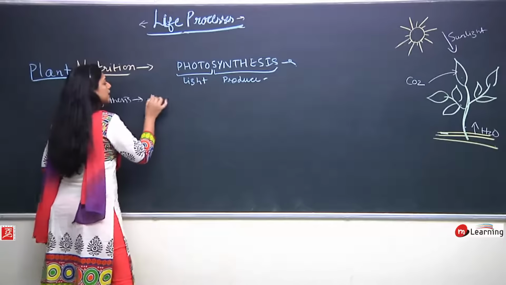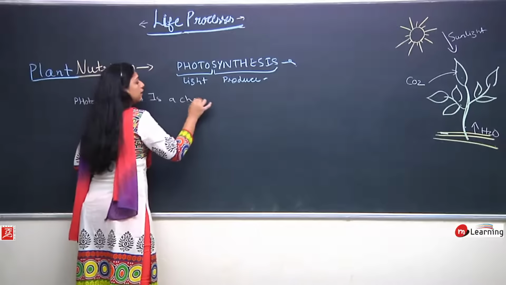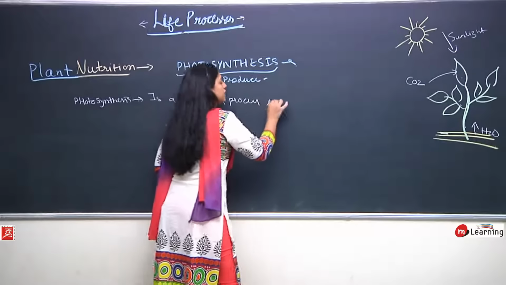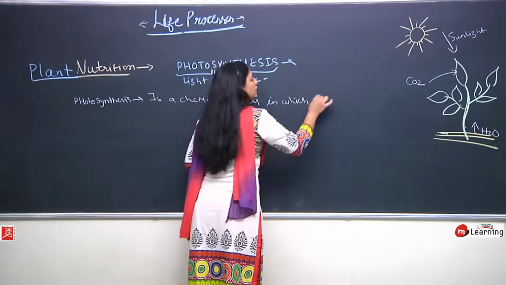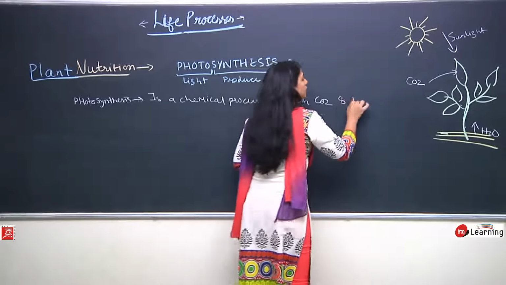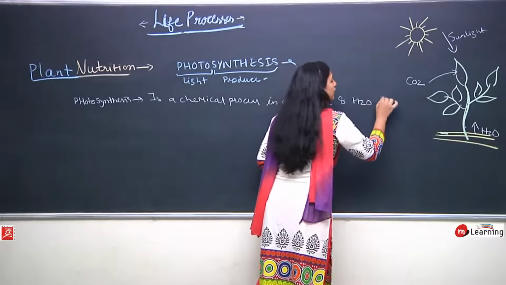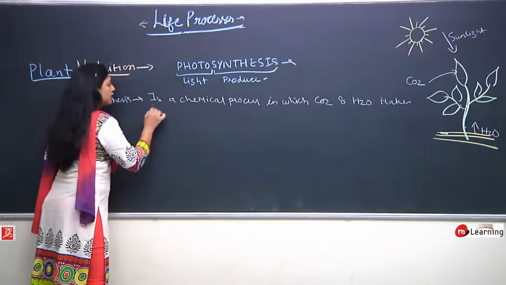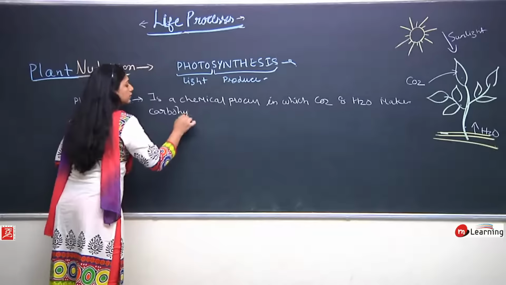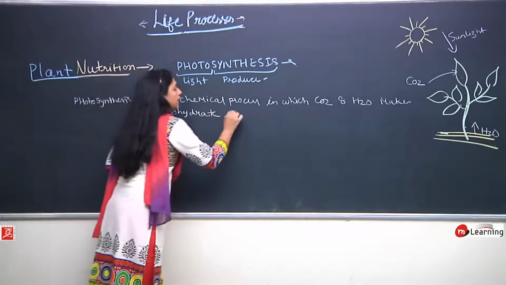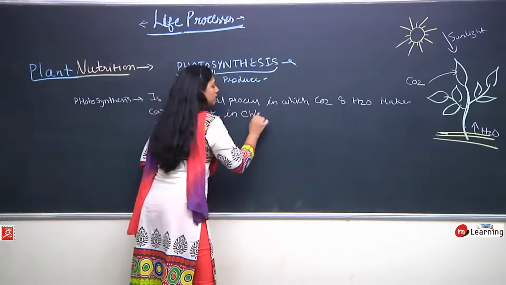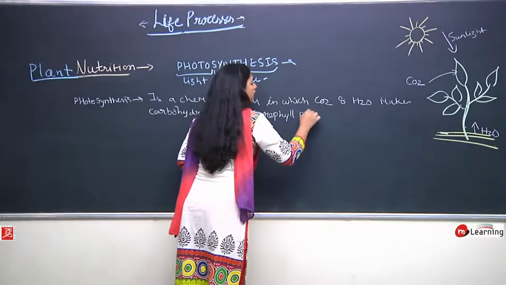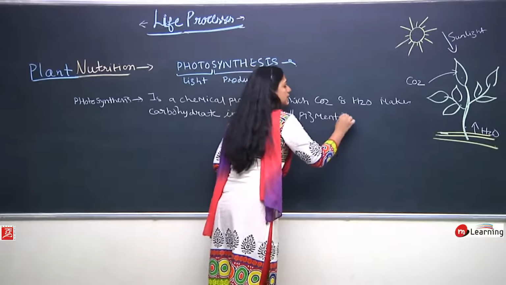So, photosynthesis is a chemical process in which carbon dioxide and water make or produce carbohydrate in chlorophyll pigment in the presence of sunlight.